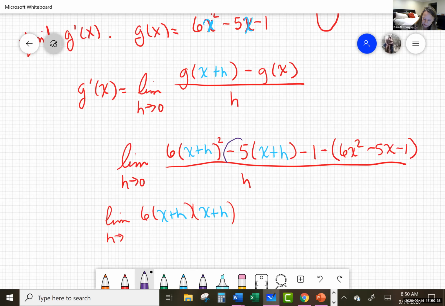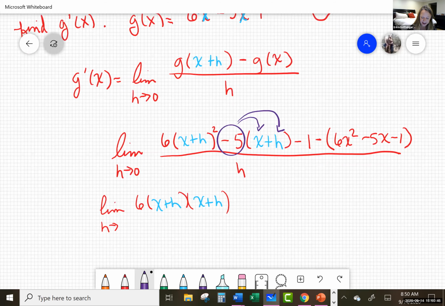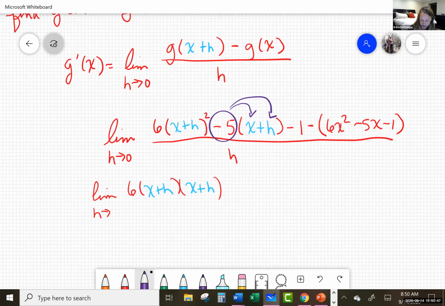We can clean this up at the same time. So let's distribute this other piece. Let's distribute that -5 to the x plus h. So if we distribute that -5, we have minus 5x minus 5h. Bringing down this -1, so -1. And distributing this negative outside.